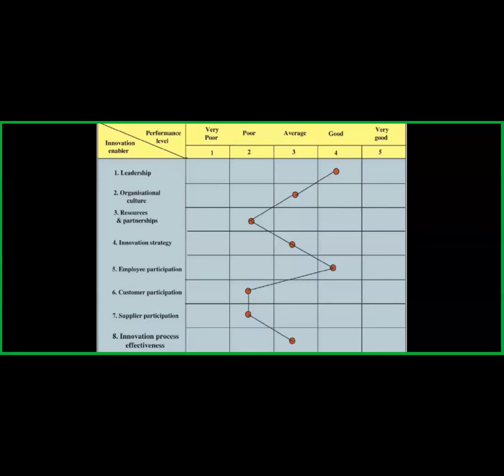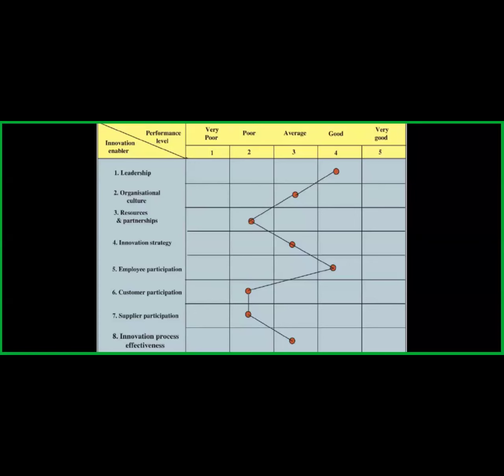So when we are measuring the strengths and weaknesses of the company, we need to prepare such a diagram so that we can understand which particular key function of the organization needs improvement and which is at its best.